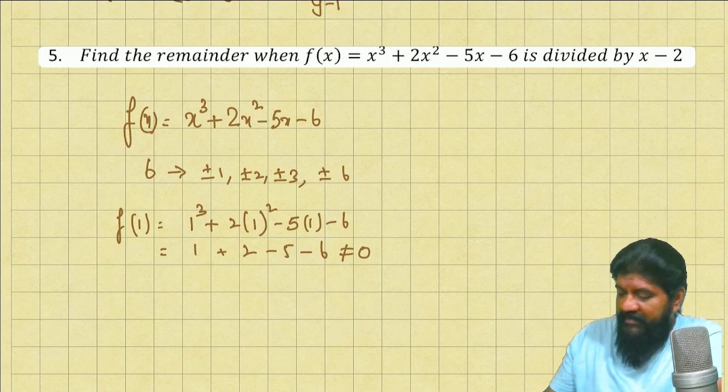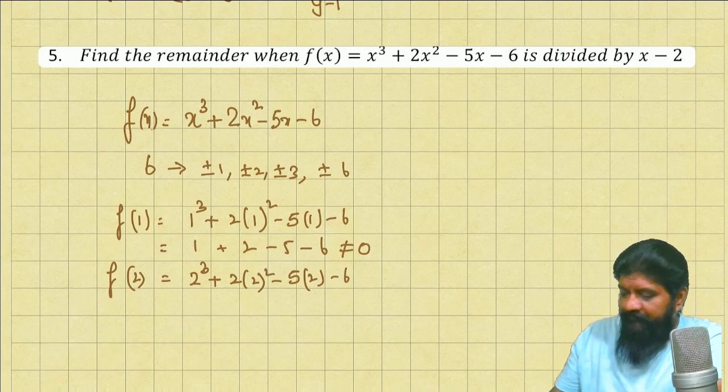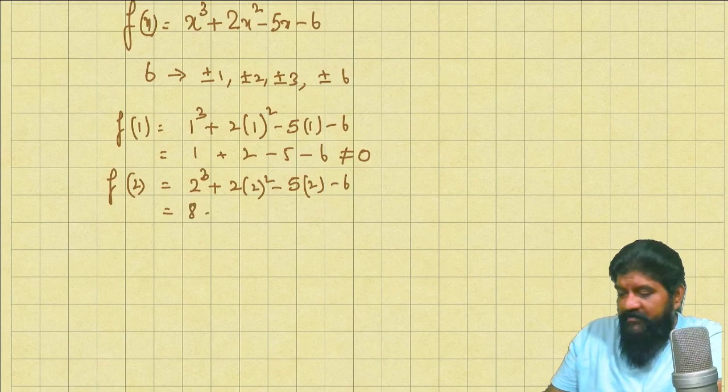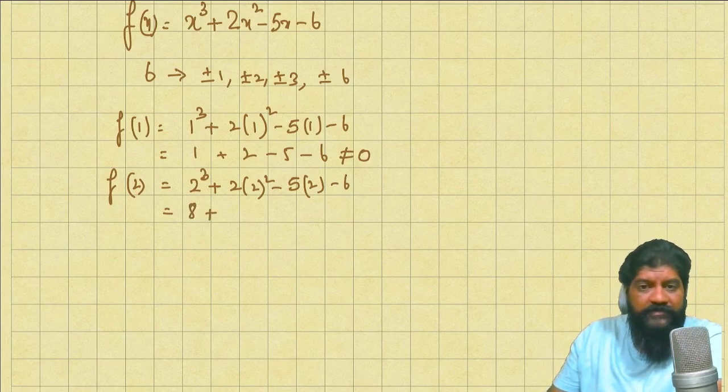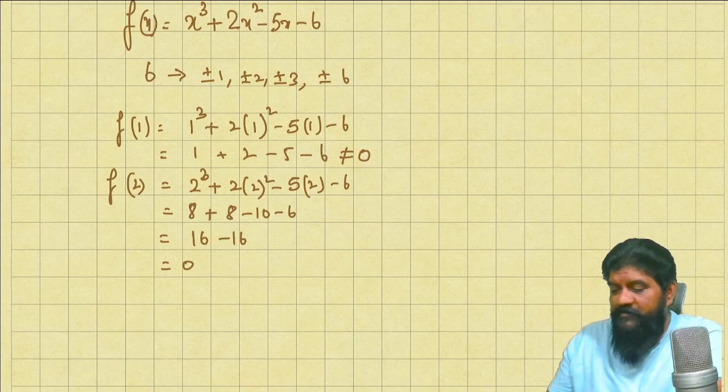I don't need that. I'm now going to try 2. When I try 2, I'm going to have 2 cube plus 2 into 2 square minus 5 into 2 minus 6, and that's going to give me 8 plus 2 to the power of 2 is a 4, 4 2s is 8, minus 10 minus 6. So you can see here 8 plus 8 is 16, and this is going to be 0.